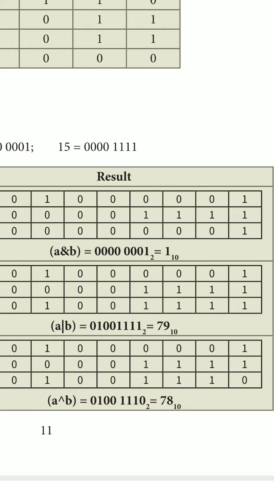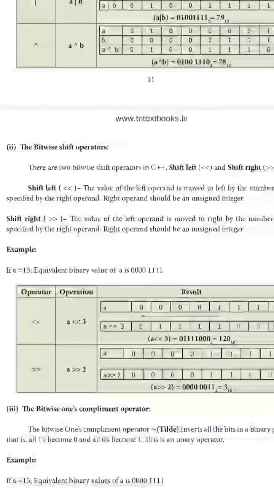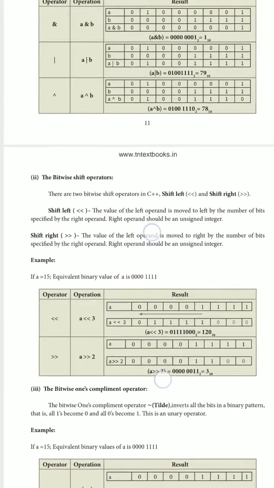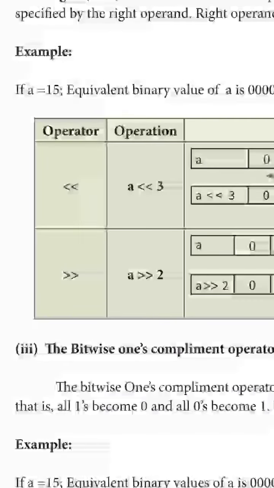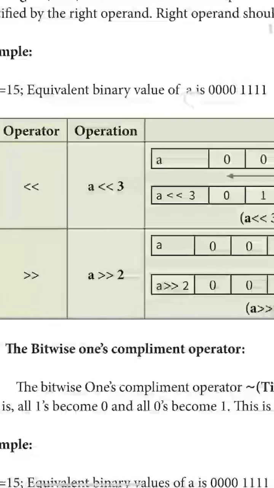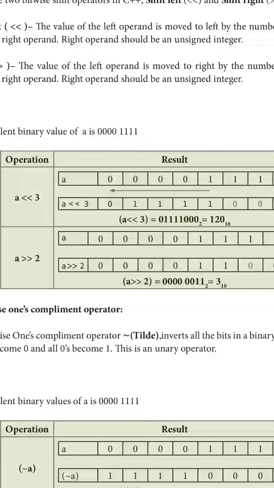Next, moving on to the next topic, bitwise shift. Bitwise shift means you can shift the bits into a certain position. Here you can see that the bits are shifted 3 positions from right to left.